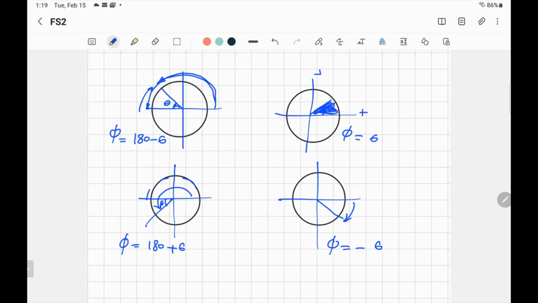That's easy. So actually two quarters are easy, the first and the fourth. In the first you don't do anything. In the fourth you just flip to the negative side. The problem is the second and the third. In the second, you subtract theta from 180. In the third, you add theta to 180.